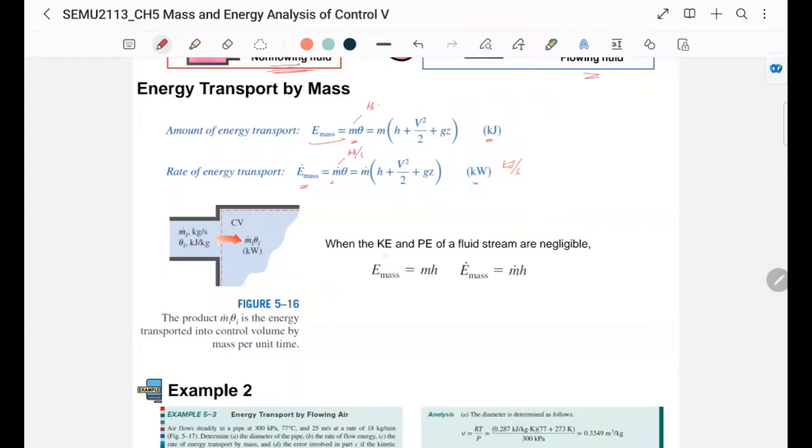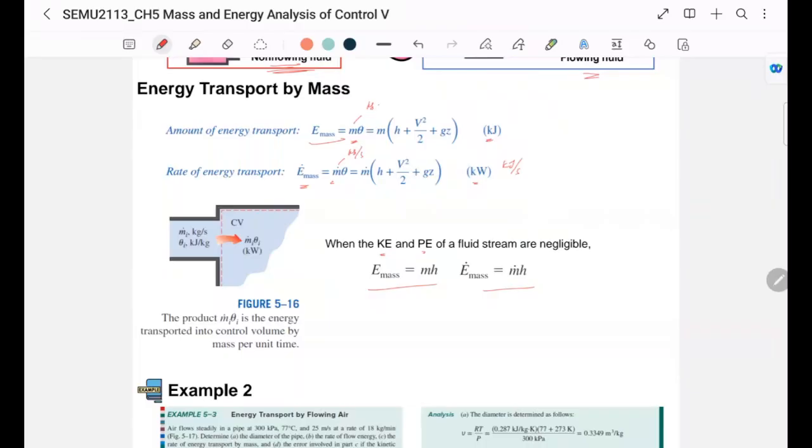When the kinetic energy and potential energy of the fluid stream are negligible, of course we cross it out, then we get to this only. So it's really just equation. If it comes 0, then of course we reduce to this.